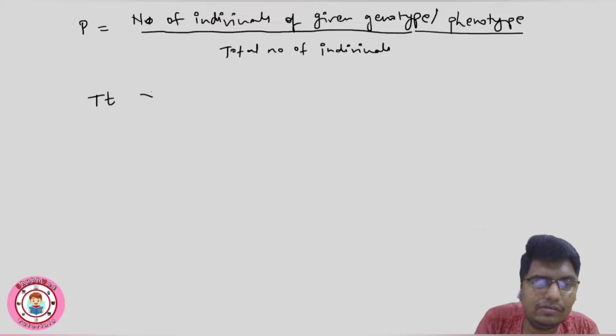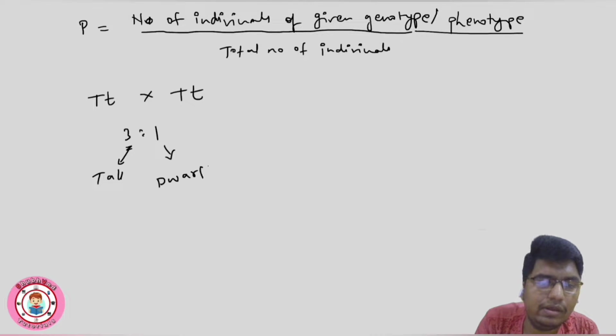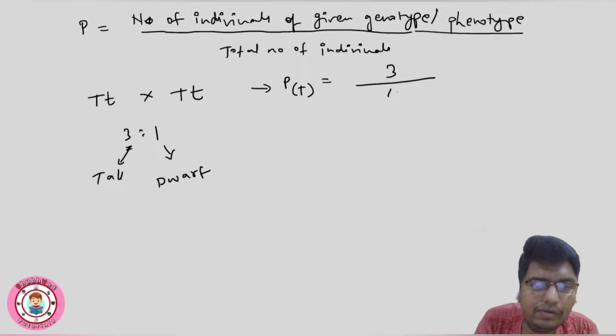This is a cross, right? We know that 3:1 is the phenotypic ratio. 3 are tall and 1 is dwarf, right? Now we will find two probabilities. First, the probability of tall. How many tall individuals are there? 3. Total 4, right? 3 tall plus 1 dwarf is equal to 4.